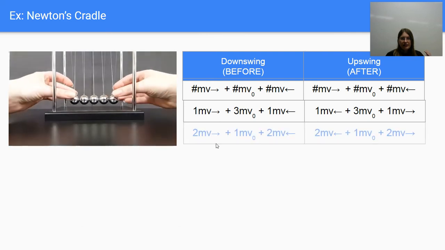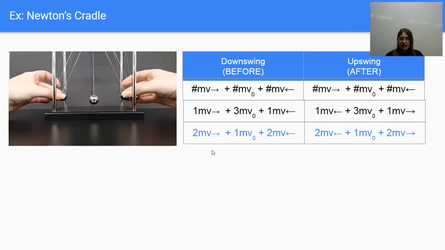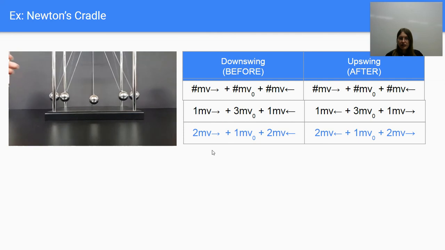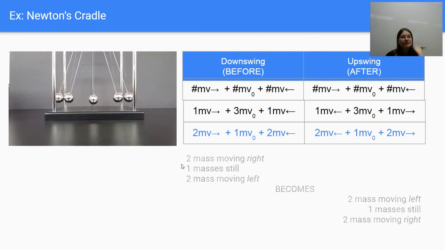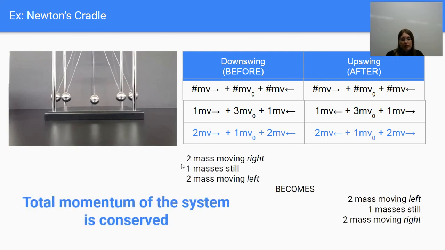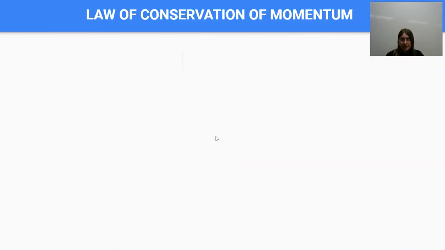So again, we have 2 moving to the right, 1 in the middle still, 2 moving to the left, becomes 2 moving to the left, 1 middle still, 2 moving to the right. The momentum is transferring back and forth like this in a beautiful dance. It's not doing this. It's going all the way through. It's just awesome.